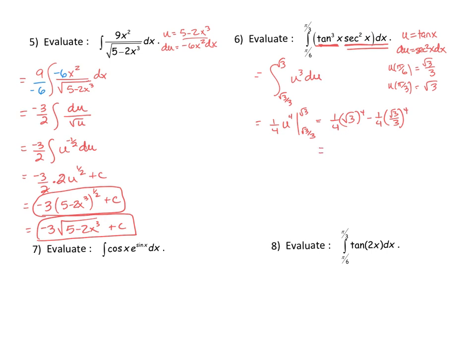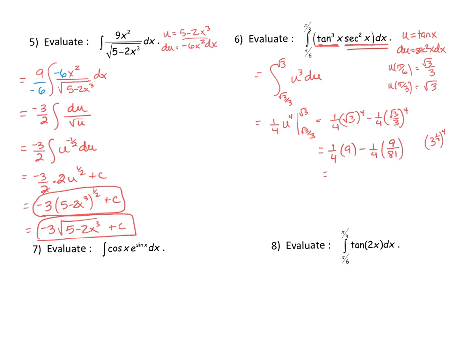So let's finish this up. 1/4, what is radical 3 to the fourth power? If you struggle with that at all, remember radical 3 is 3 to the 1/2, and then 3 to the 1/2 raised to the fourth is 3 to the 4 times a half, which is 2, 3 squared. So that's going to be 9, and then minus 1/4 times, and again, the radical 3 to the fourth is 9, and then 3 to the fourth is 81.